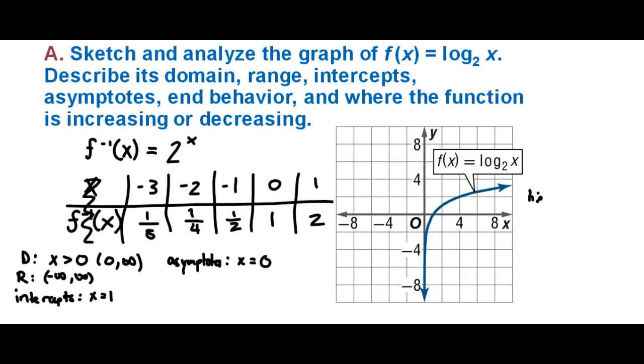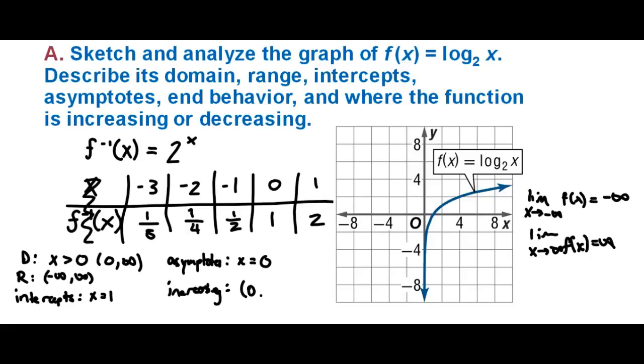The limit as x approaches negative infinity appears to be negative infinity. The limit as x approaches positive infinity appears to be positive infinity. And then I'm increasing on the interval of 0 to infinity.